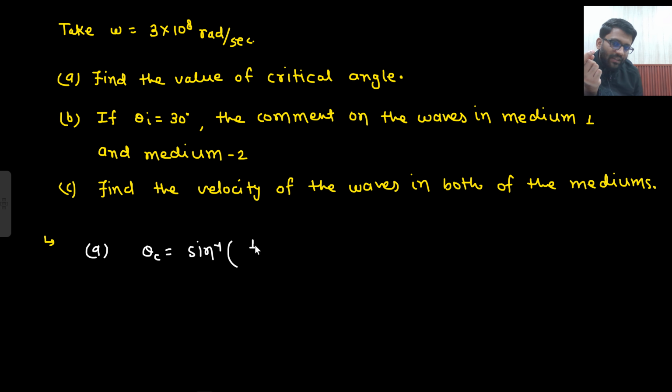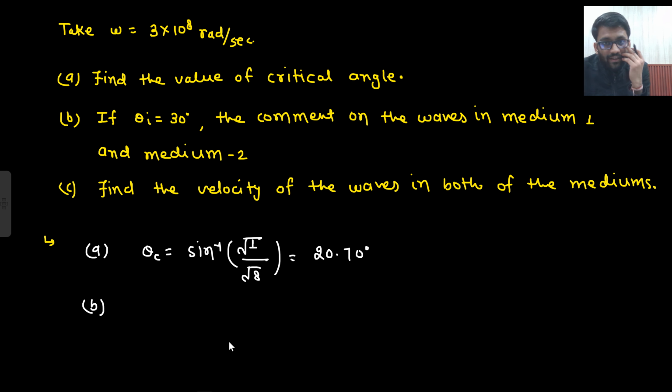So under root epsilon r2, that is under root 1 only, divided by under root epsilon r1. So what are you getting? This is roughly around 20 degrees as far as I remember, but let me calculate again. Yeah, 20.70.